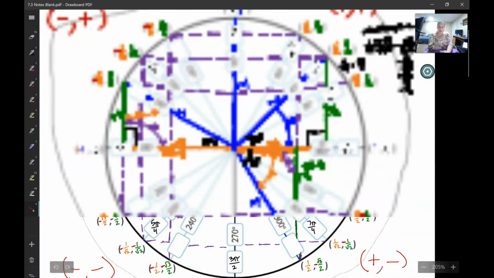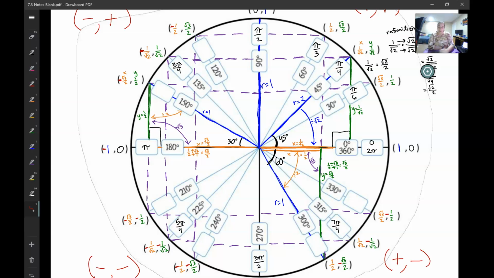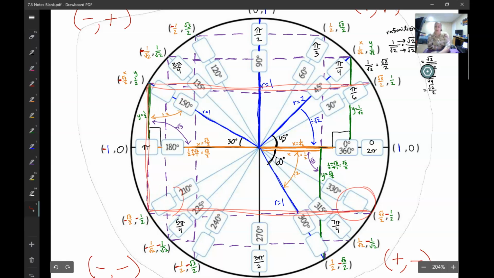Now we're going to use our reflection idea. Let's start with pi 6. I know that all of these points are reflections of pi 6, so they're all going to have the same denominator of 6.